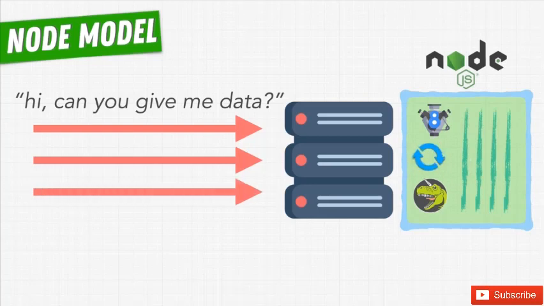Even though your JavaScript code runs in a single thread, Node allows you to handle thousands of concurrent requests by delegating or passing off the majority of the work. It passes this work off specifically to the multiple threads in the thread pool.